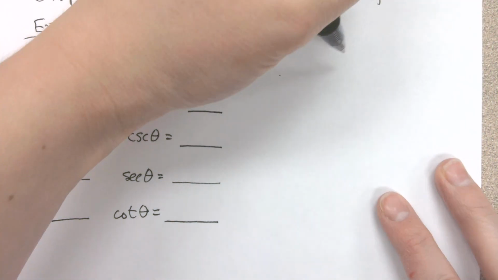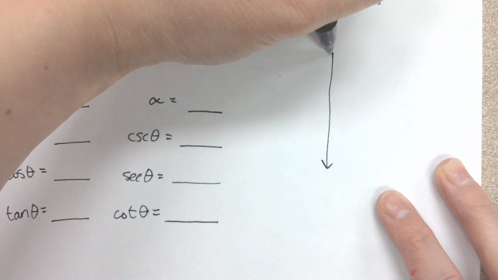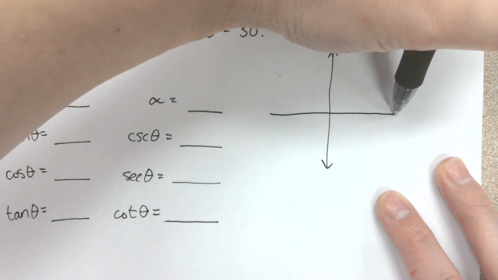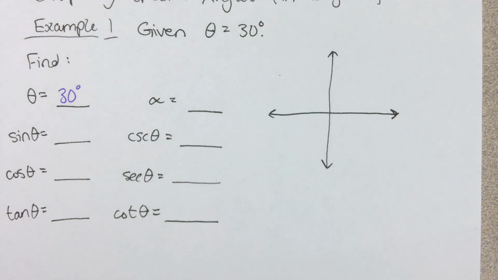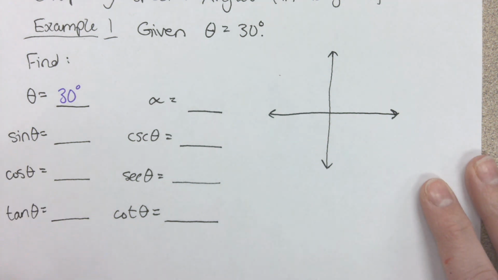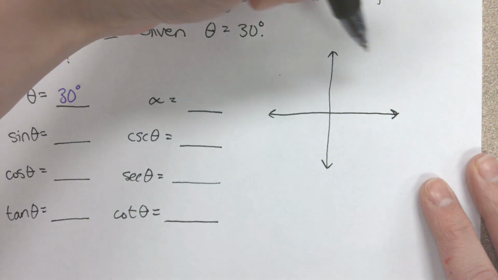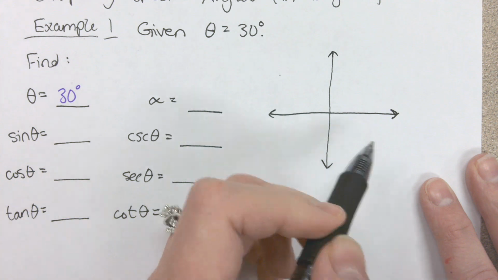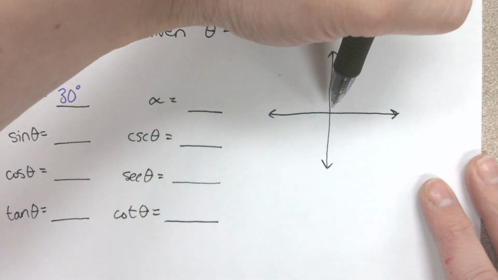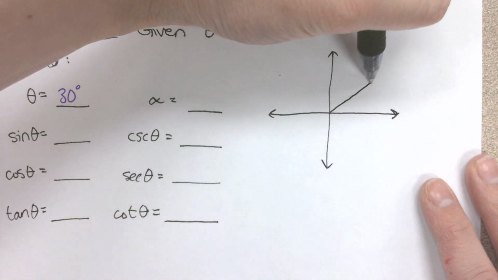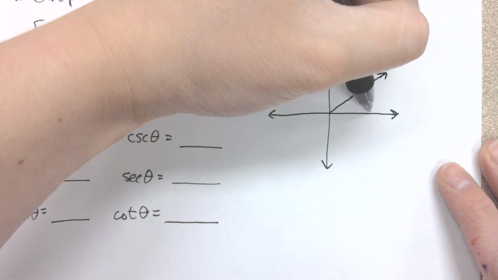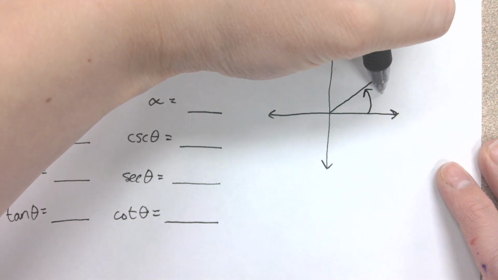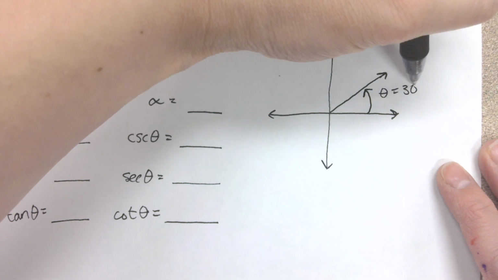All right, let's graph it. So first we'll graph our theta. Starting on the right side of the x-axis, 30 degrees is going to land us in the first quadrant. So we're not going to make it very far. I will exaggerate it a bit because I will need some space to demonstrate this first problem. So this is our theta, which is 30 degrees.